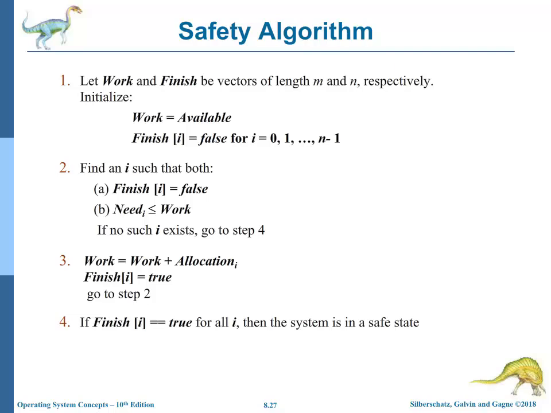Finish[i] = true and go back to step 2. In step 4, if Finish[i] = true for all i, then the system is in a safe state. Please click on the link to view the safety algorithm example to have a better understanding of the algorithm.